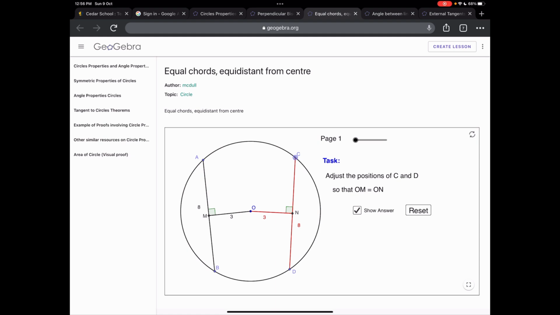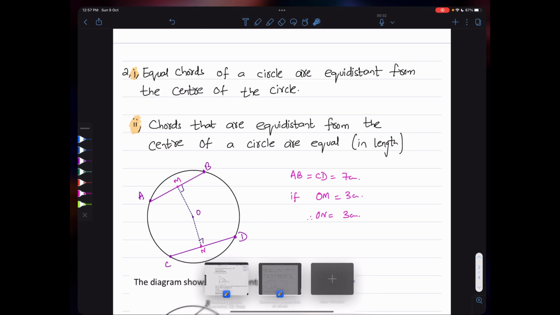If I say that AB is 8 centimeter, and I try to adjust the chord CD to 8 centimeter, then when AB is 8 centimeter, CD is 8 centimeter as well, you can notice that the distance OM and ON is also equal, and that is going to be the case every time. The distance of equal chords from the center of a circle must be the same, must be equal as well.